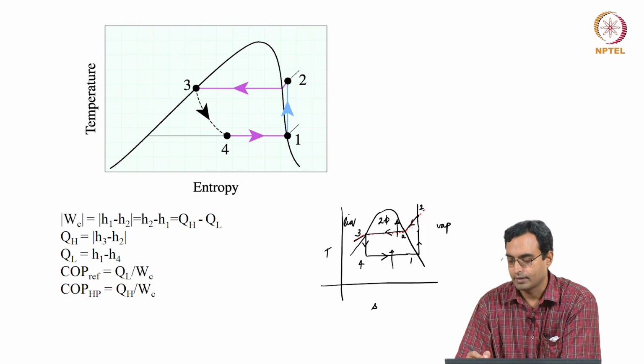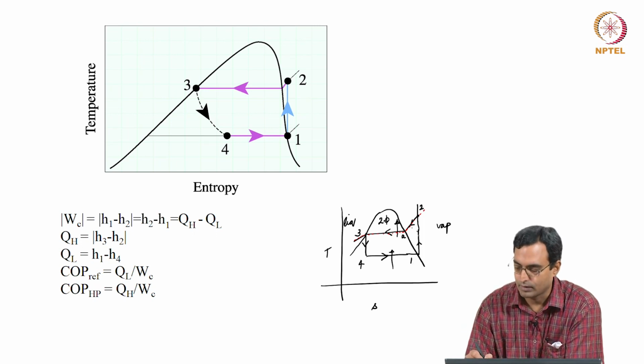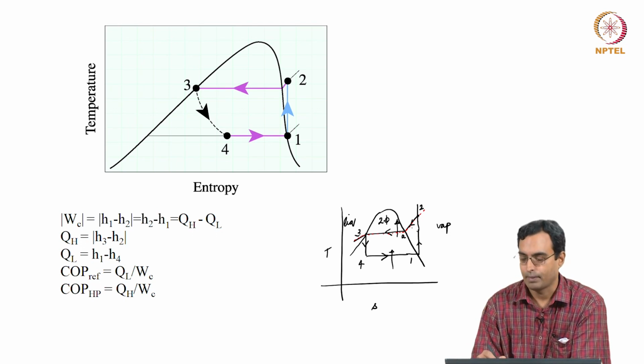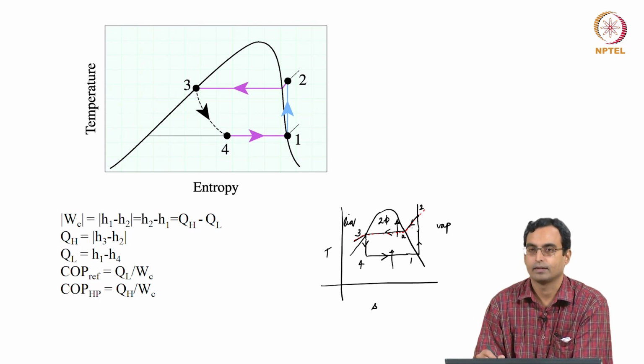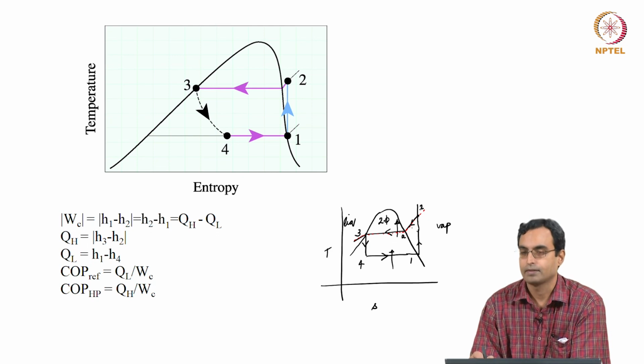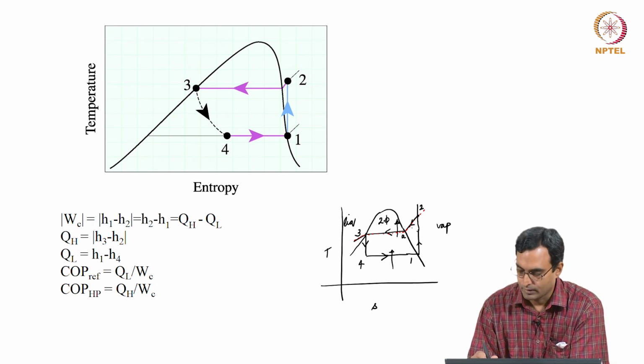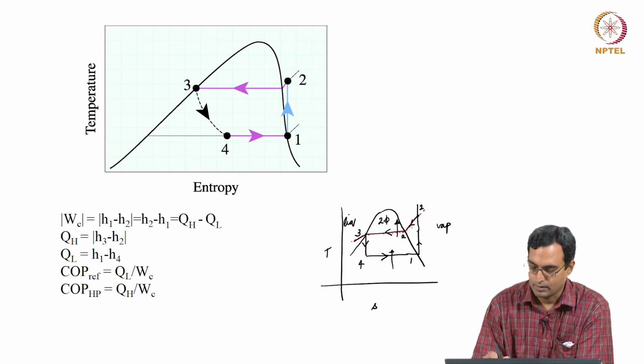So in order to reach that pressure, what we need to do is compress to a higher temperature in the vapor region. The pressure is still the same at 3 and at A and at 2, because this is an isobar, but the temperature is different when you are in the vapor region, when you are in the two-phase region, and let us say some point over here in the liquid region.